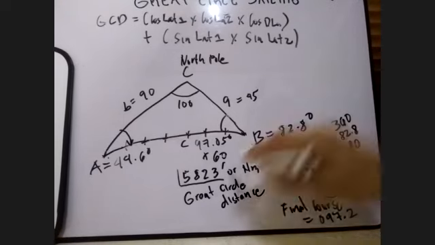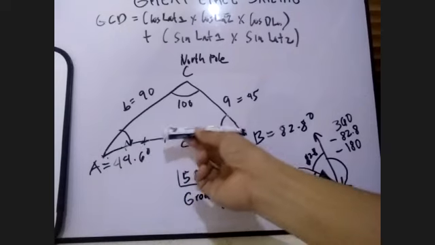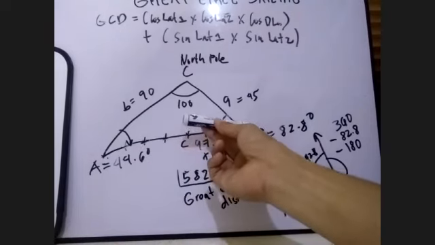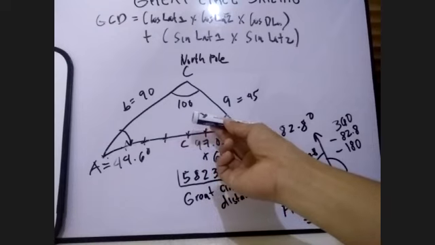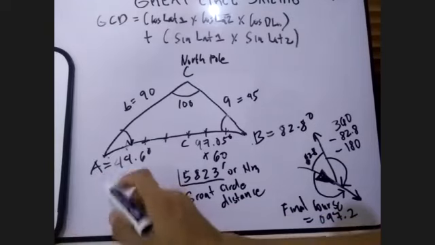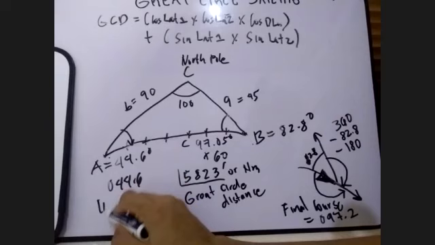So at the ending of the track, the vessel is facing 097. The initial is 044.6.